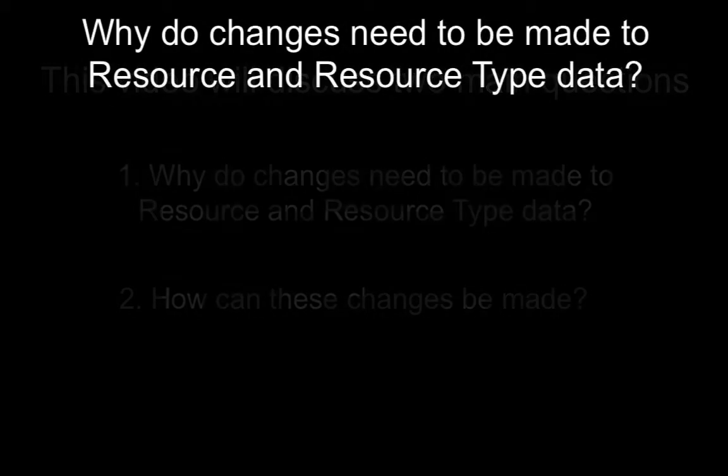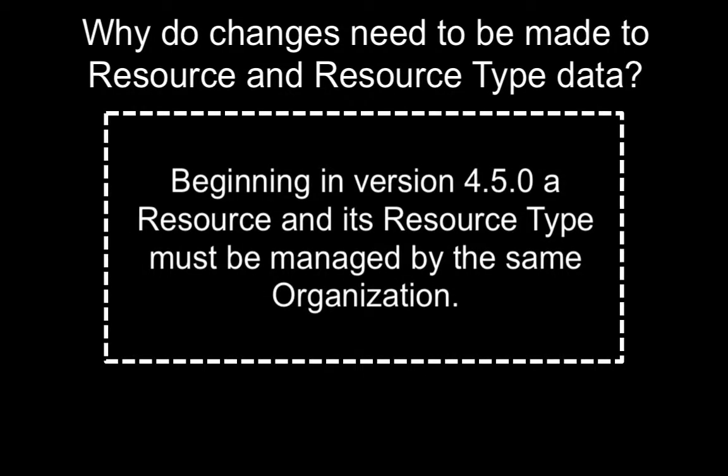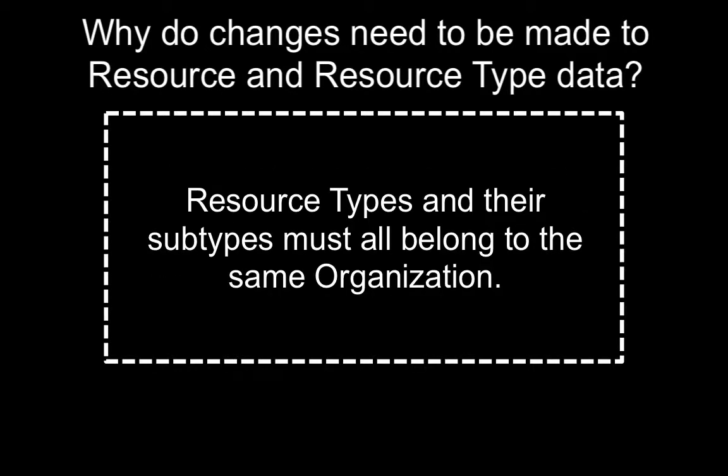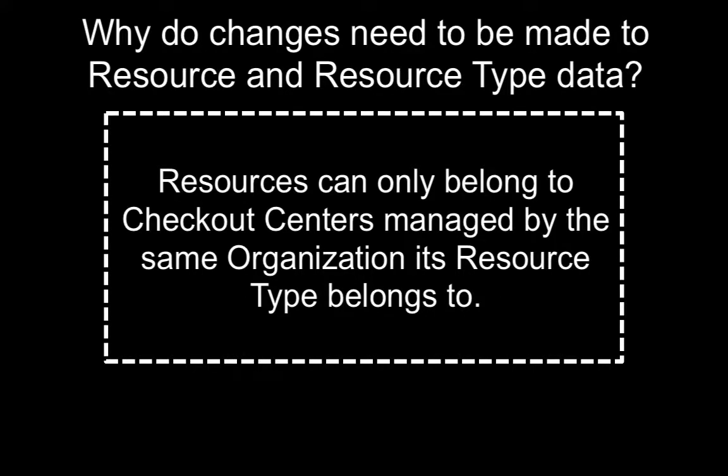So, why do these changes need to be made? Beginning in version 4.5.0, a resource and its resource type must be managed by the same organization. This means that resource types and their subtypes must belong to the same organization, and resources can only belong to checkout centers managed by the same organization its resource type belongs to.